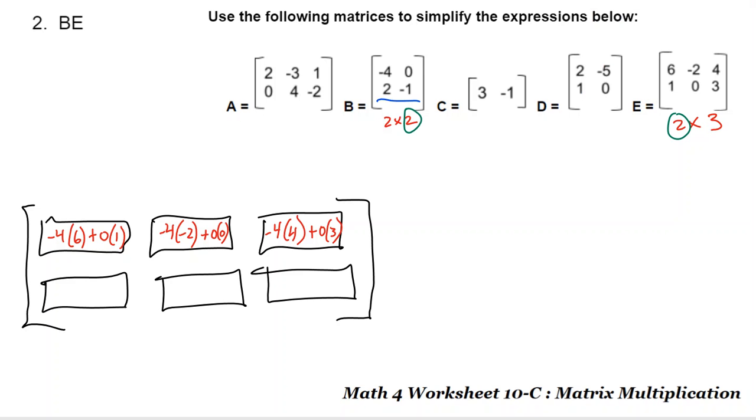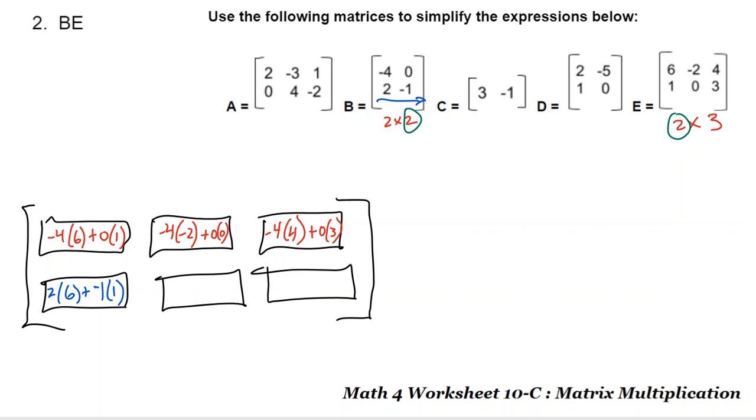Then we go to our second row in our first column. And we say 2 times 6 and -1 times 1. All right, 2 times 6, -1 times 1.